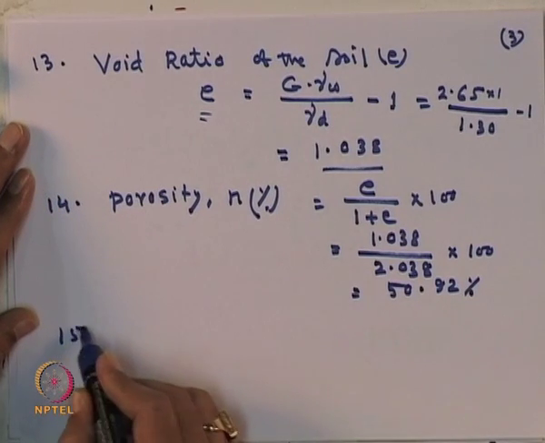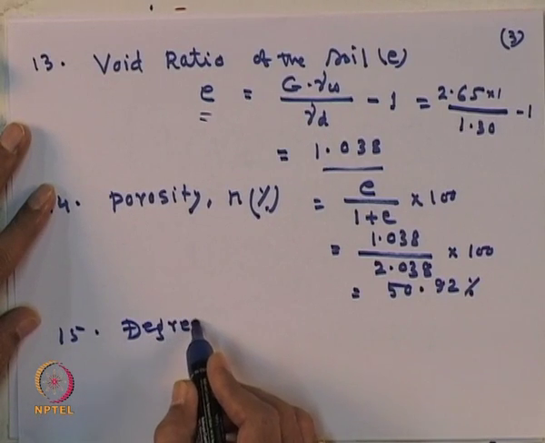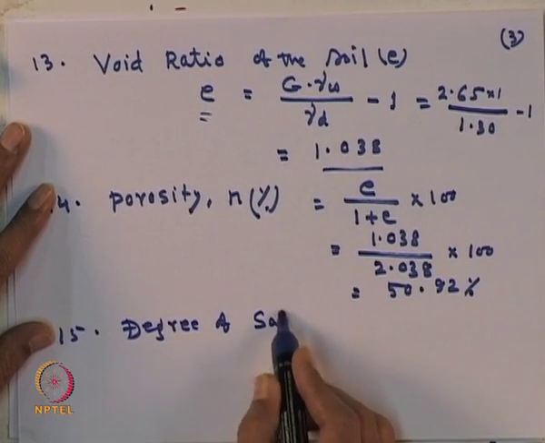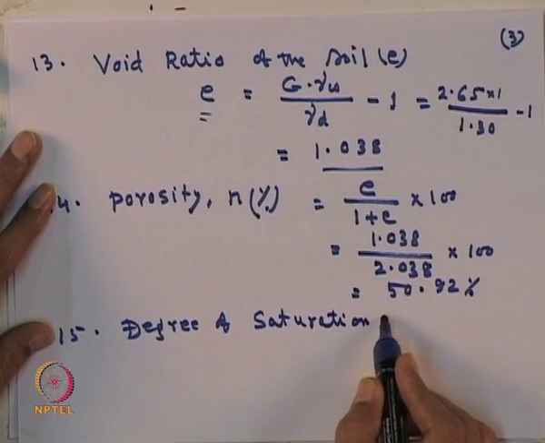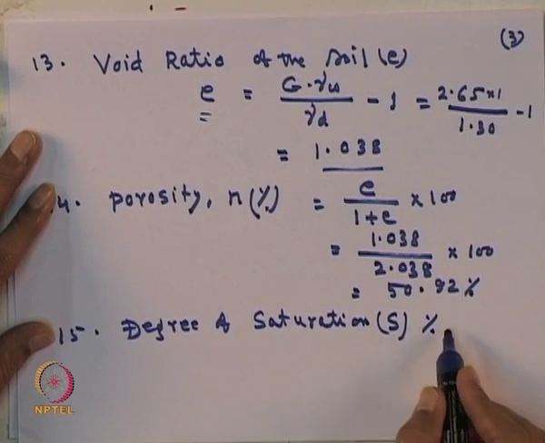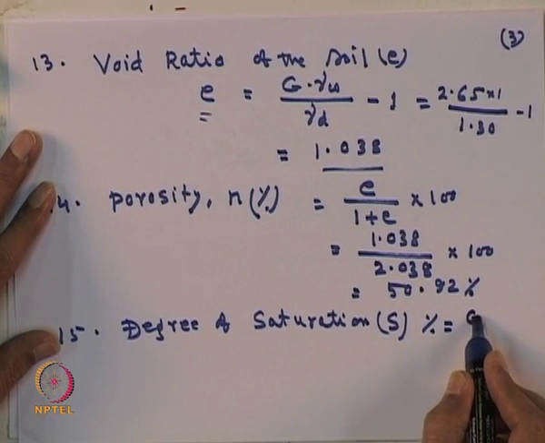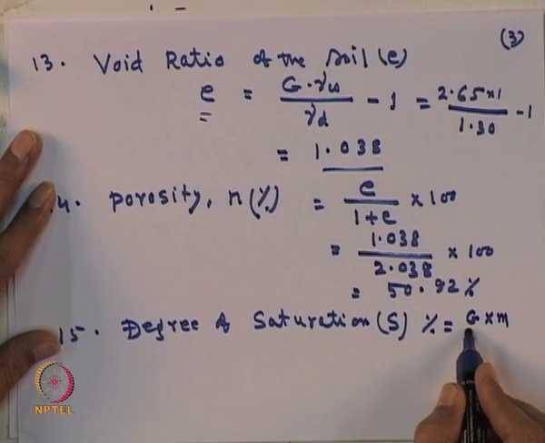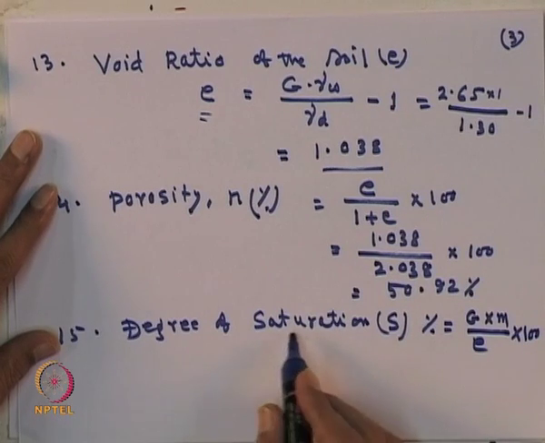Then degree of saturation, defined as S percentage, will be equal to G into M divided by e, into 100.